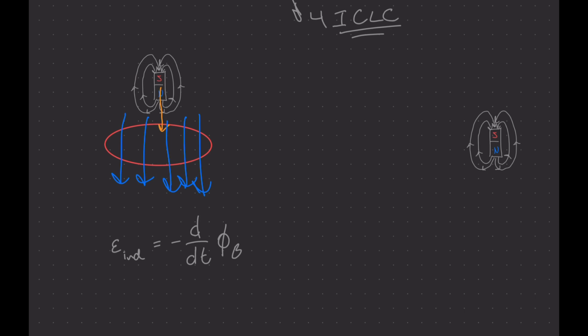So if the magnetic field lines here are growing, meaning it's getting stronger because the magnet is coming closer, then this loop will create a current which has a magnetic field pointing the opposite direction. So this is induced B. So the coil will create its own magnetic field to resist the change created by this bar magnet.